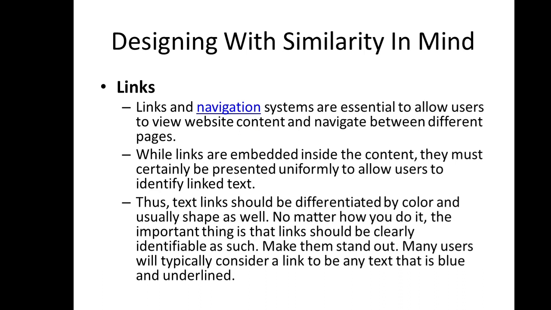Thus, text links should be different by color and usually shape as well. No matter how you do it, the important thing is that links should be clearly identified. So make them stand out. We'll typically consider a link to be any text that is blue and underlined. So that's how we usually consider it as a link.